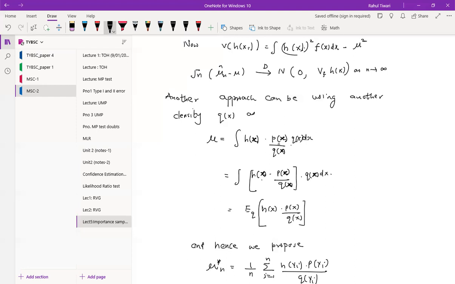Suppose my p of x is on 0 to 1, then my q of x may be, say, -1 to 3, so it has a wider range compared to p of x, or it has the same support. That's one important thing you must always ensure in this case.